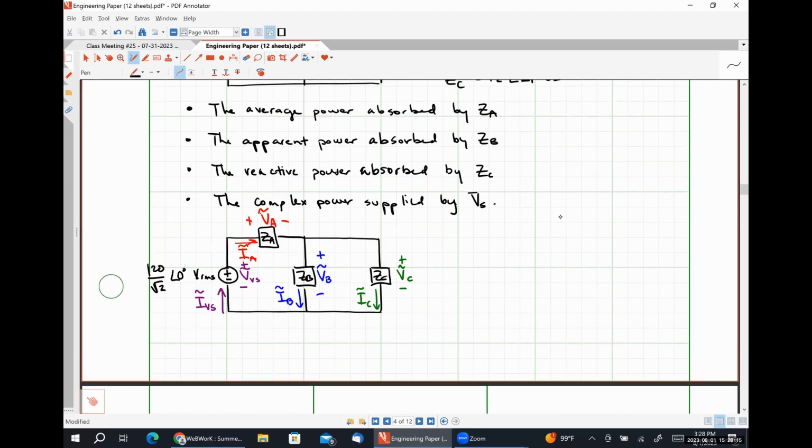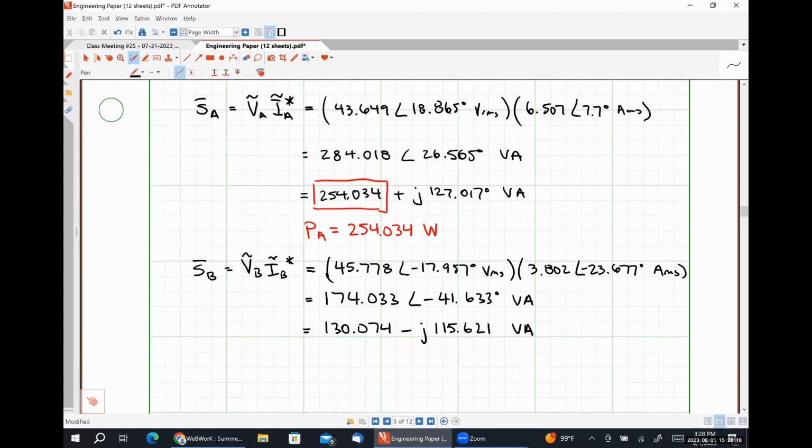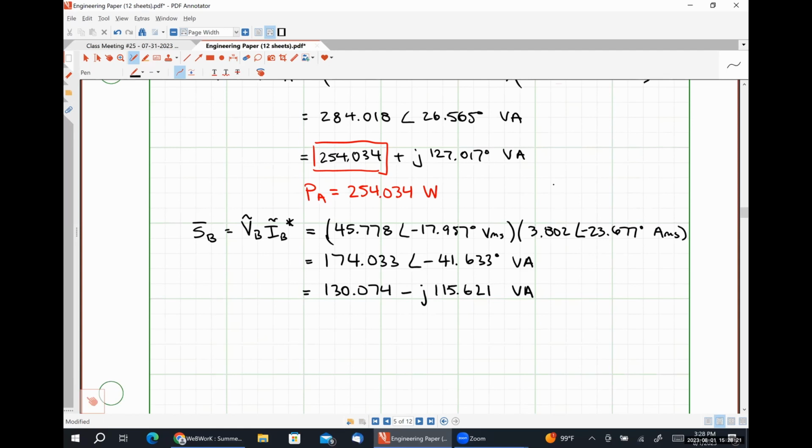Okay. So I'm going to scroll back down here. I want you to tell me what the apparent power is, and if you need to, refer back to our power triangles. Apparent power is 174.033.